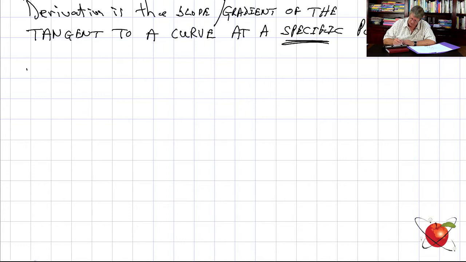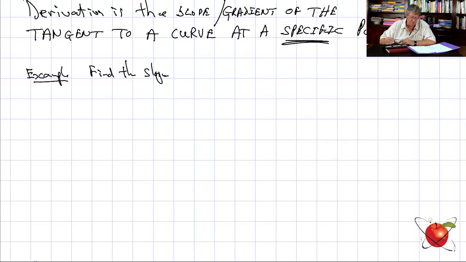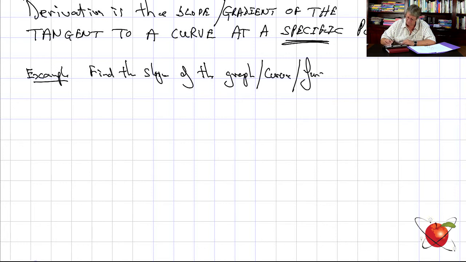Find the slope. Here's an example. Find the slope of the graph, curve, or function at x equals minus 3.